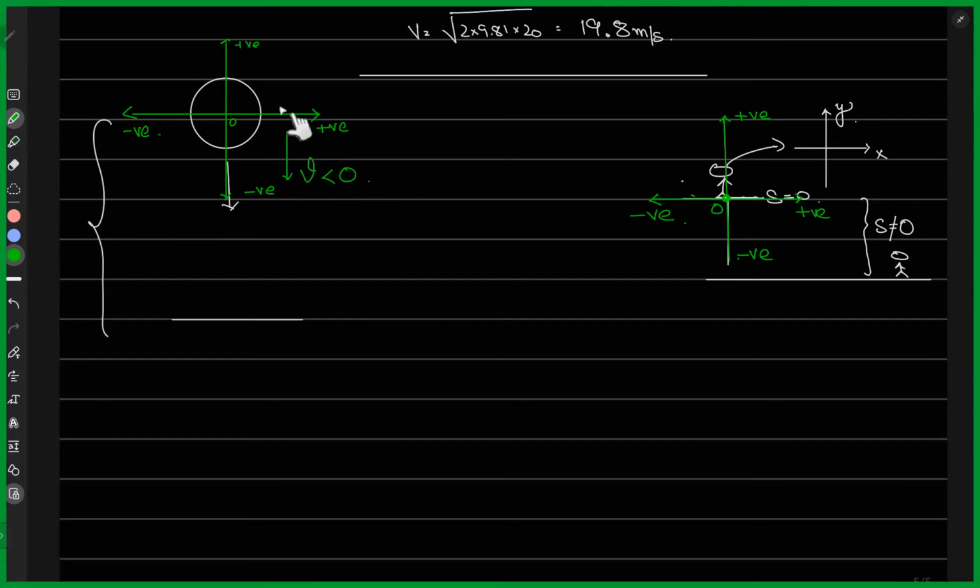Exactly, and for the same reason, g is also downwards, right? So g is minus 9.81. Why is that? Because the coordinate system that I defined was at the ball.